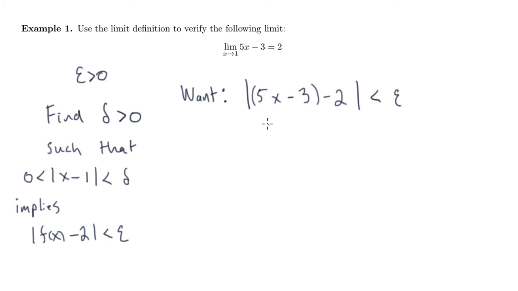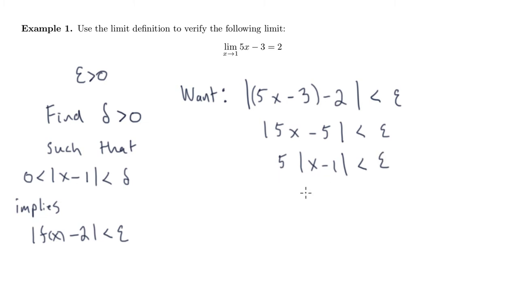Let's simplify this a little bit. This is 5x minus 5 in absolute value less than epsilon, which is the same thing as saying 5 times the absolute value of x minus 1 is less than epsilon. All I did is factor out a 5.